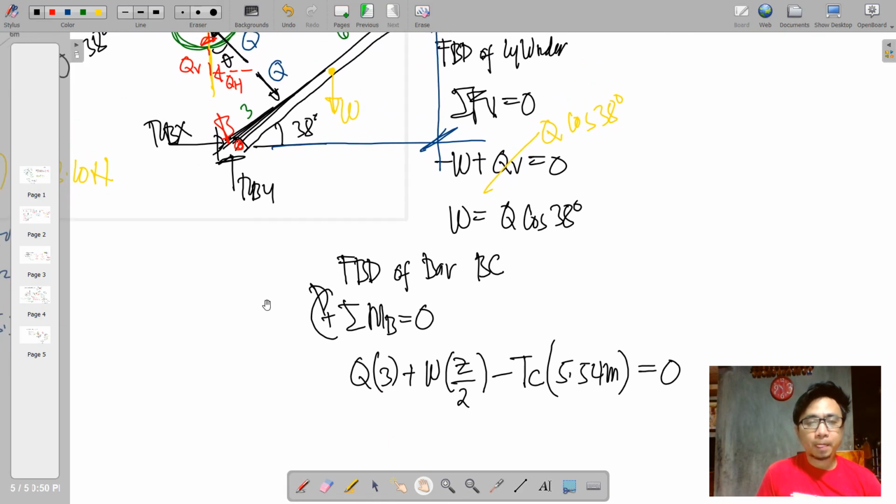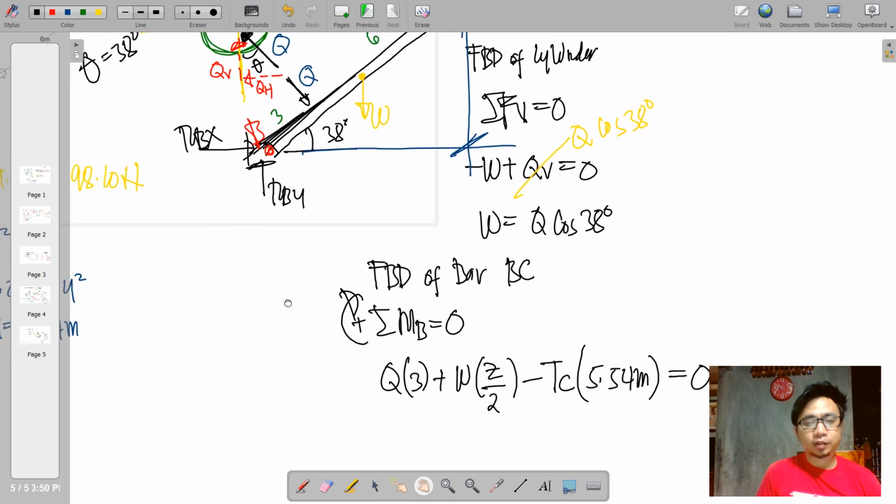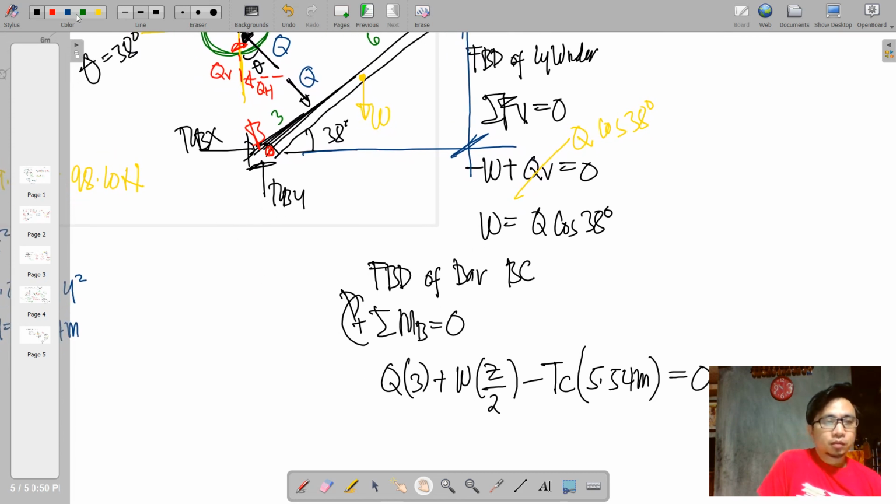By the way, W is actually the weight of the cylinder here, which is the unknown.